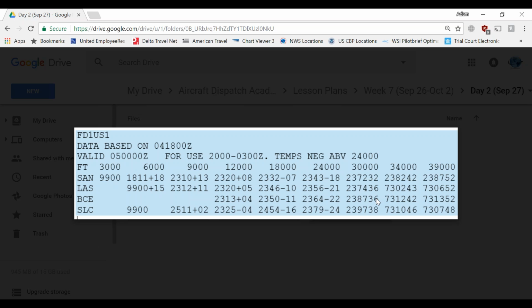The temperature is negative 43, so nothing changes with the temperature. It's just the direction and the speed, and the only thing causing this problem is that the wind speed is 100 or more.